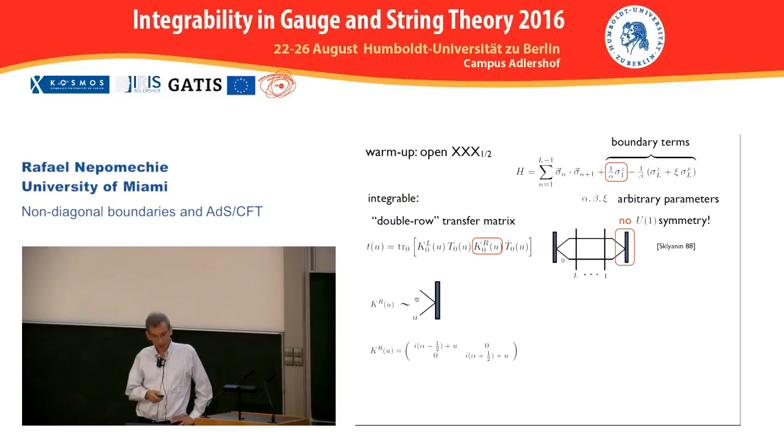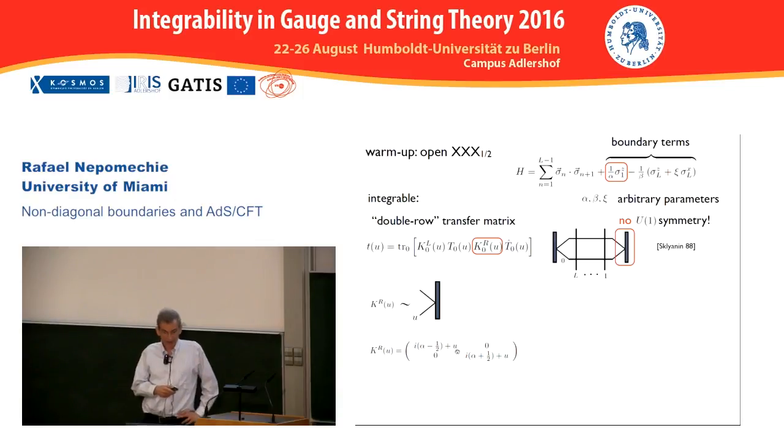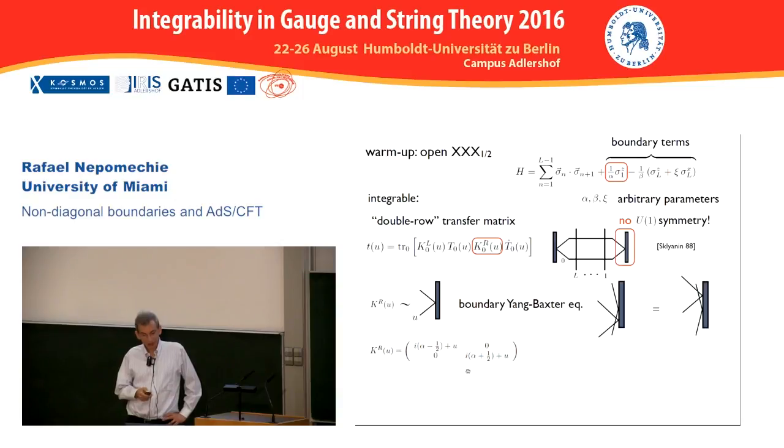So it corresponds to this picture. And this is what's going to give rise to the Hamiltonian, to this boundary term here, which is sigma 1z. It's diagonal. And so this boundary S matrix is also diagonal. And you notice that alpha appears inside here. So this is how the alpha ends up in the Hamiltonian. And this boundary S matrix satisfies a boundary version of the Yang-Baxter equation, the so-called boundary Yang-Baxter equation.